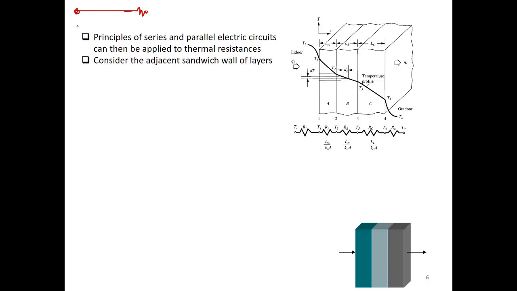So you have V1, the first resistance, second, third, etc. If they are in series, then this is R1, R2, R3, R4. There's a current I that passes through that.